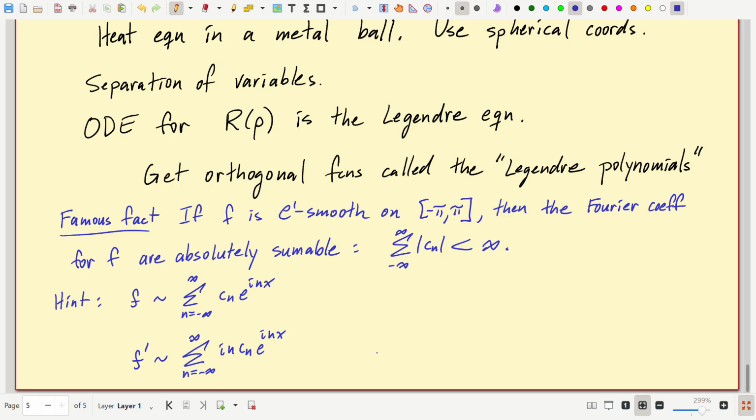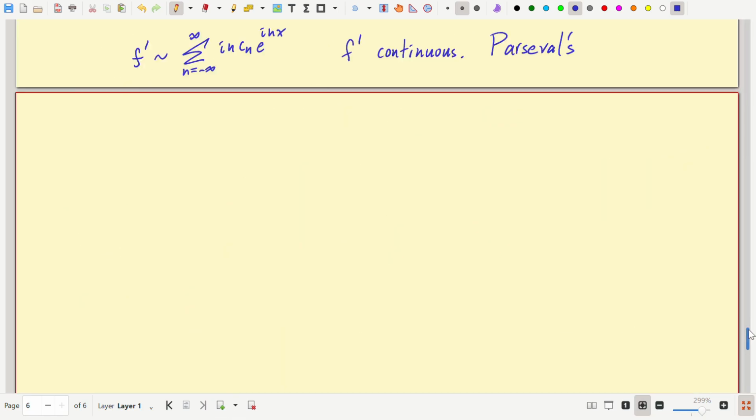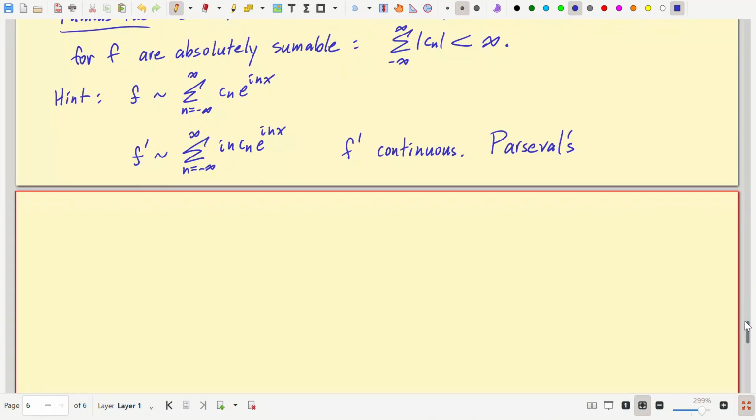Since f prime is continuous, since it's C1 smooth, I would have a Parseval's identity. Which would tell me that the sum of n squared Cn squared is equal to an integral.